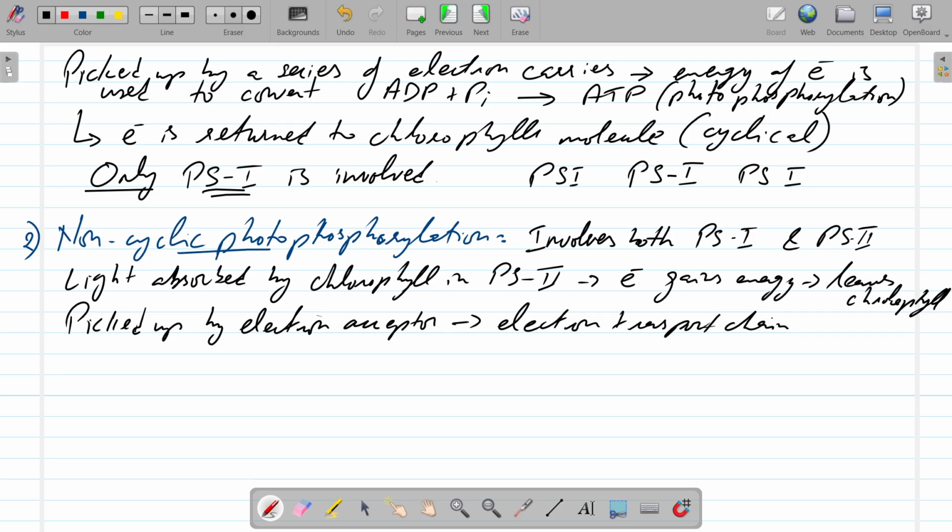And as with the cyclic process, ADP and inorganic phosphate are combined to form ATP. So that's the phosphorylation part, but it doesn't stop here. What happens to the electron in this particular process? The electron is taken up by photosystem 1.